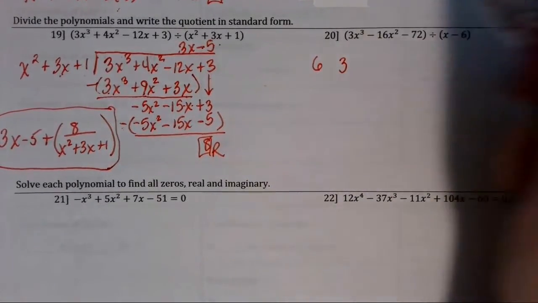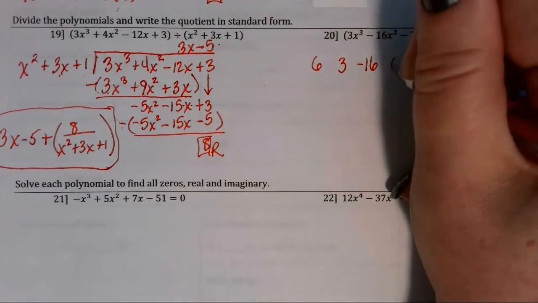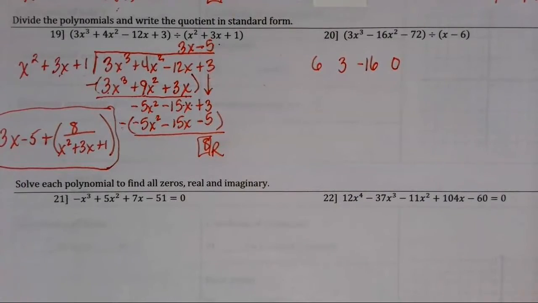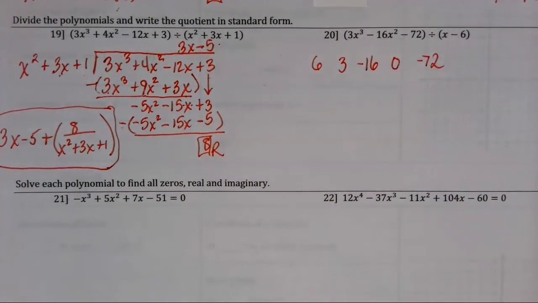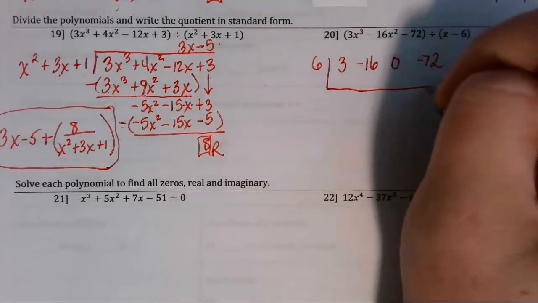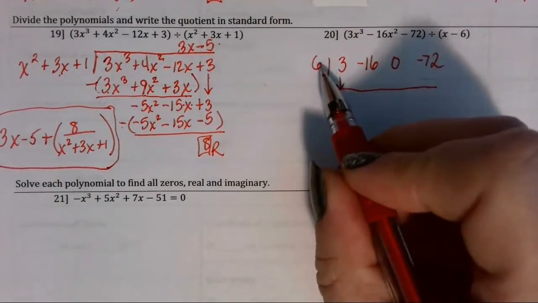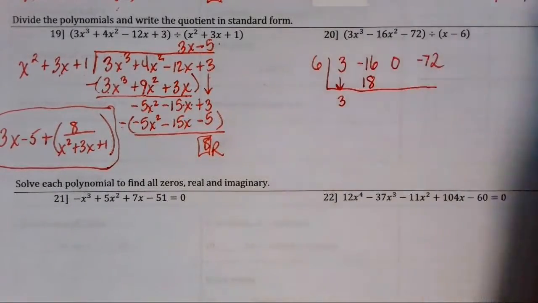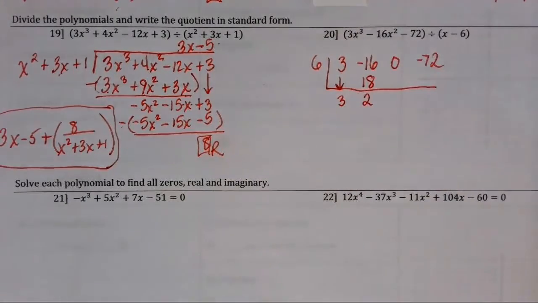So I have 3x cubed, negative 16x squared. I put in a 0 as a placeholder for the x term, and then a negative 72 for the constant. And we're going to bring down the first value and then multiply. 3 times 6 is 18. Add negative 16 plus 18 is a positive 2.